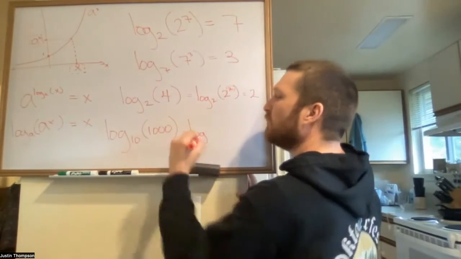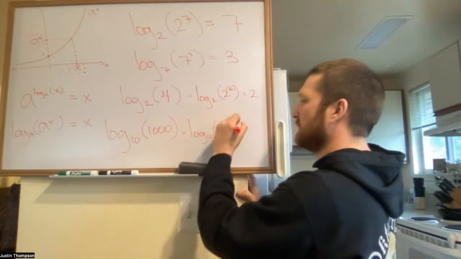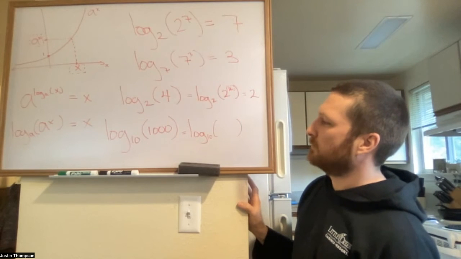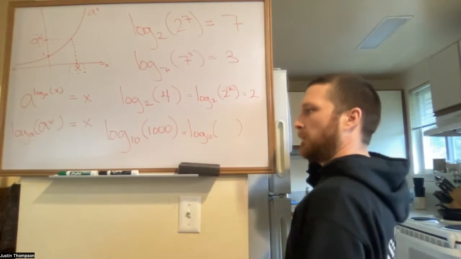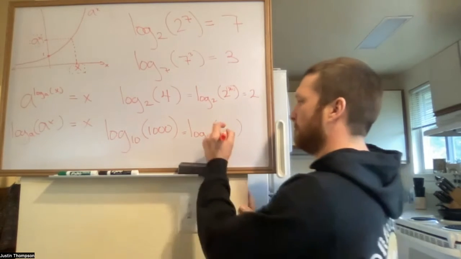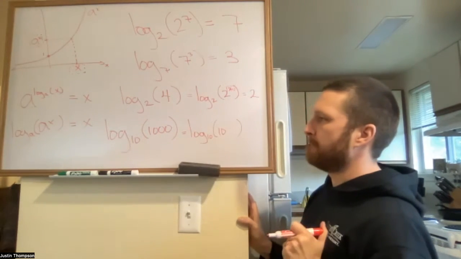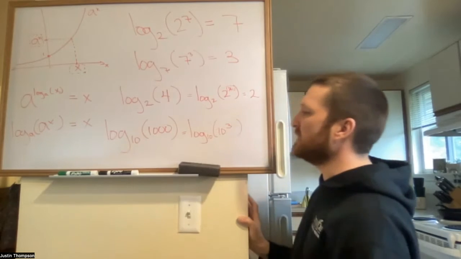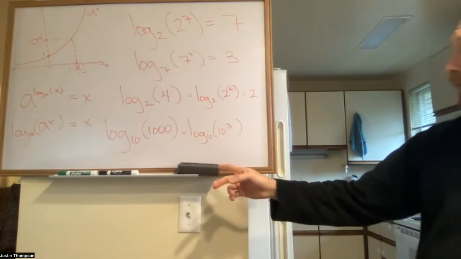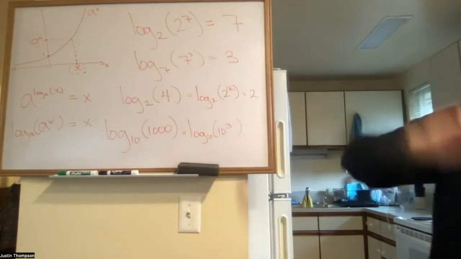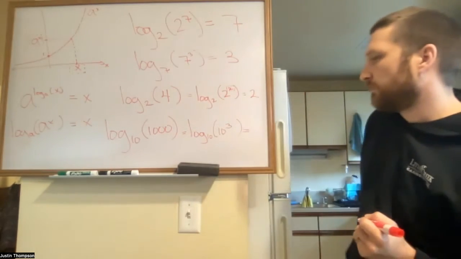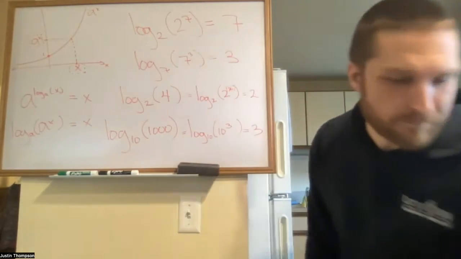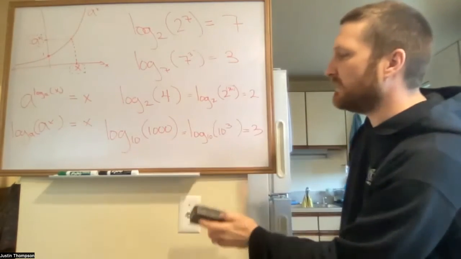So how can we rewrite 1,000 to make my life easy? 1,000 is what to the what? 10 cubed. Yes, 10 to the 3rd. There you go. And so log base 10 of 10 to the 3 equals 3.